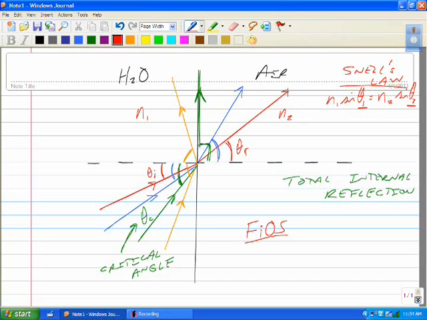Fiber optics, right? It's Verizon's brand of fiber optic communication system. What that is, they have a tube that the light will totally internally reflect in because it's surrounded by this cladding. And they send light signals down that tube.